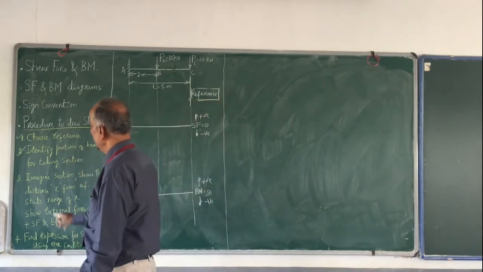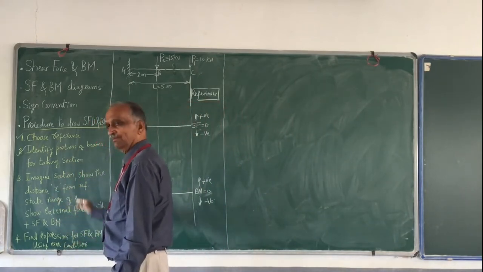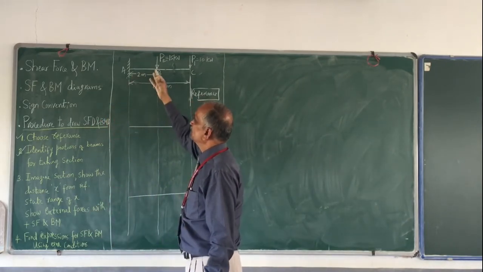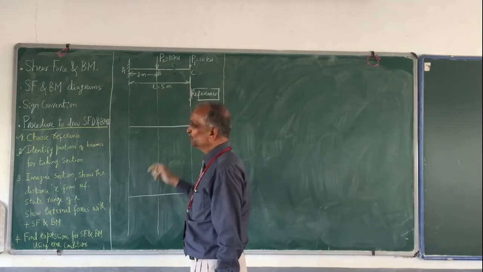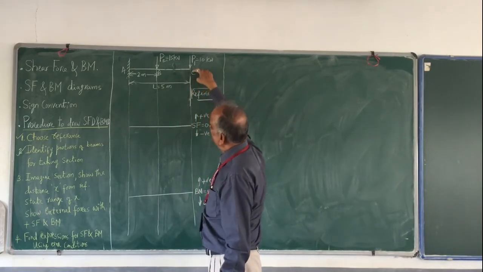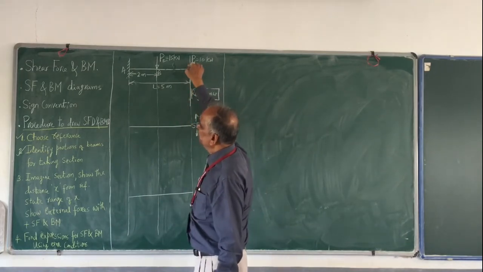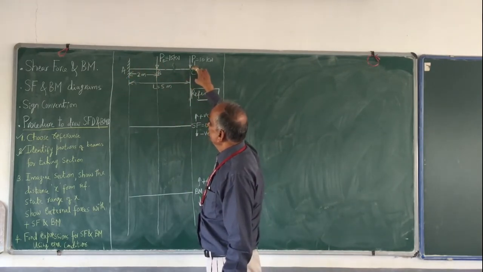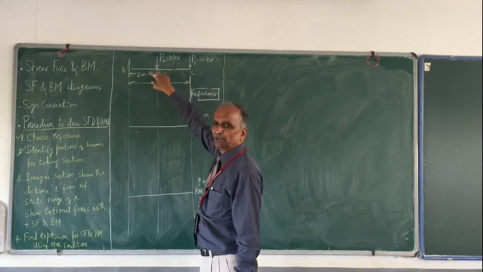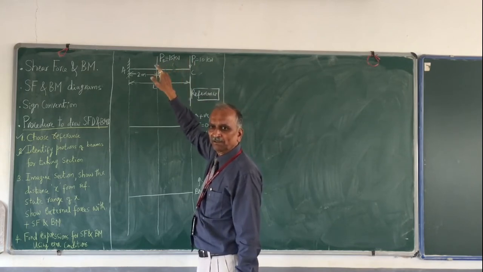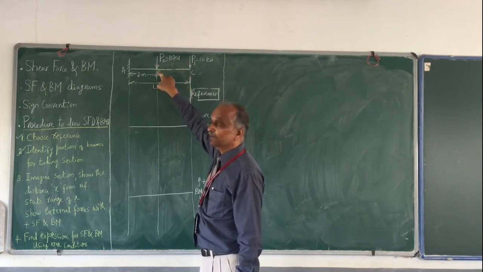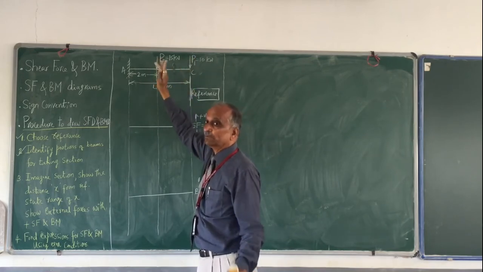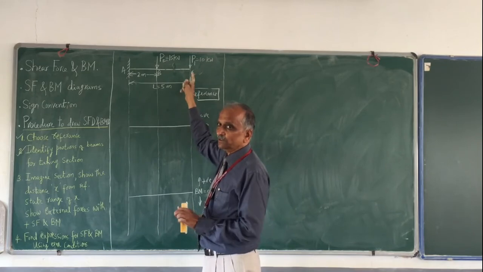Imagine a section. Where do you want to take the section, here or here? Usually this is the free end, and from the free end we go to the other end of the beam. Normally we start there, and therefore my first section is between C and B. It is not at C or at B, we never take a section there.